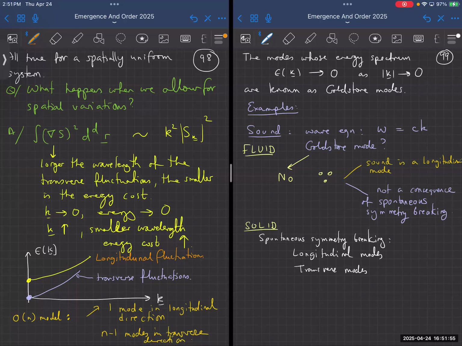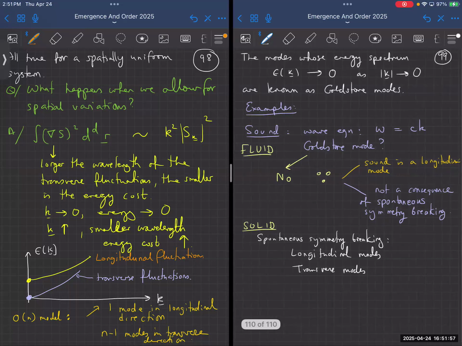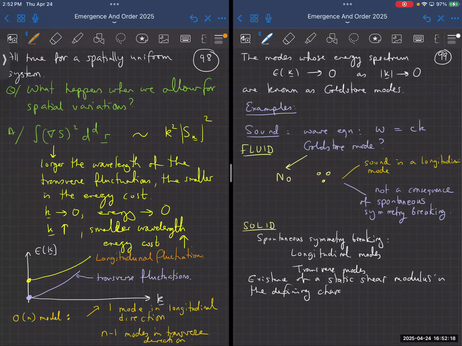So the existence of a static shear modulus is the defining characteristic of a solid. Not whether it's got Bragg peaks, it's this. It's the defining characteristic of a solid.